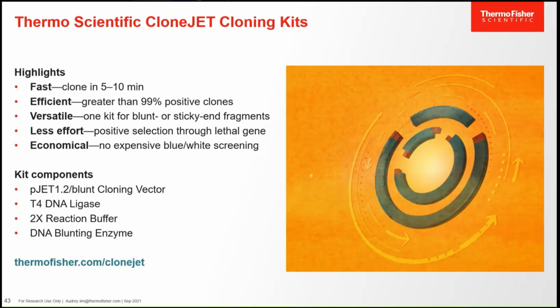It has a multiple cloning site that is compatible with blunt or sticky end cloning, and you can complete the cloning in just 5 to 10 minutes. It's 5 minutes for ligation, and the extra 5 minutes is for DNA blunting if required. So it is a very fast reaction.